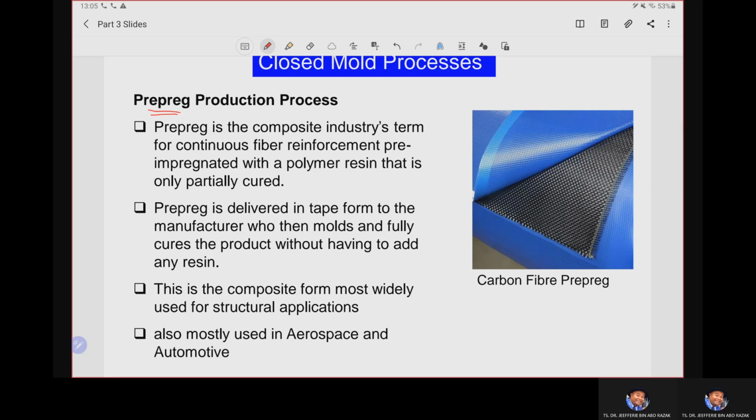In layman's terms, we pre-wet it with polymer resin that is only half cured. So when it comes to product making, only then we cure it fully. Why half cure? It is because we can mold it according to the product shape and continue to cure it until full cure.